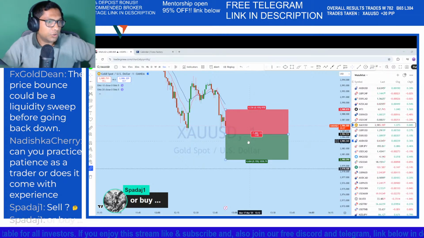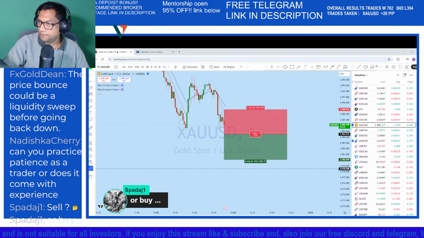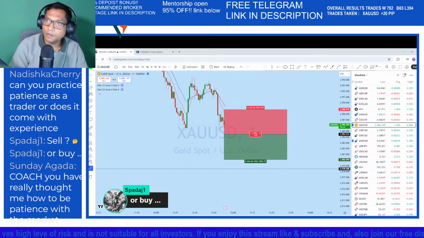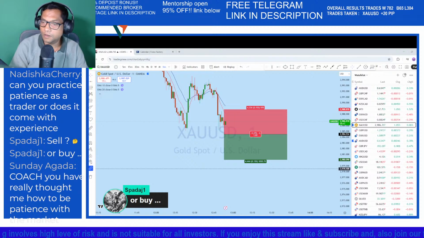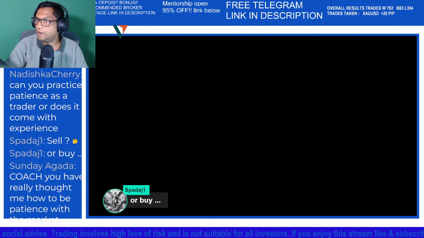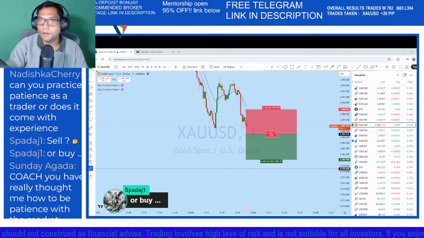We see that downside here. Potentially we might get a trigger on this trade. Okay, we can see that we placed the pending order here.